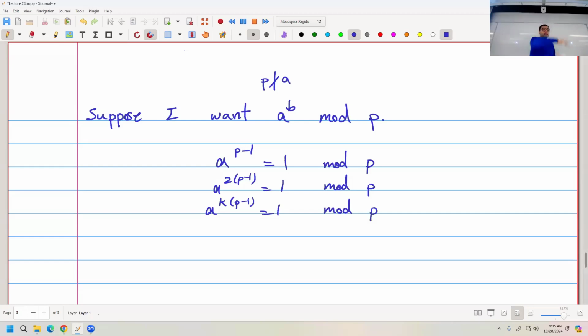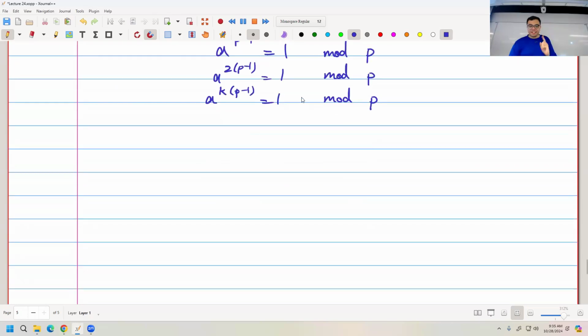Okay. This is, again, going through that cycle. If I just go through the cycle many times, I'm going to always end up at the same place. It doesn't really matter. So this means that if I want to find A to the power of B modulo P, I don't really care about my number B, no matter how big it is. I just care about B modulo P minus 1. Okay.